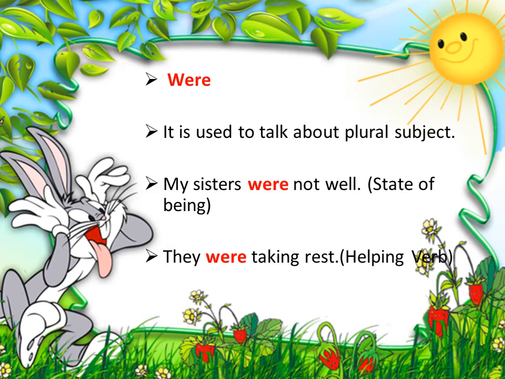So to tell what was going on in past with plural subject, we use were. कोई भी एक्टिविटी जो पास्ट में चल रही थी, ठीक है, तो उसको बताने के लिए विद प्लूरल सब्जेक्ट के साथ हम were का यूज़ करते हैं. ठीक है, like they were taking rest. तो ये टेकिंग रेस्ट की जो एक्टिविटी है ये पास्ट में चल रही थी कि they were, they, it is a plural subject, so I will use were over here. I hope it is clear to you.